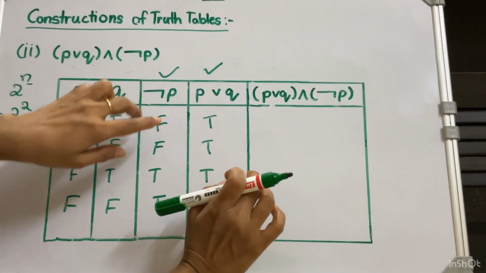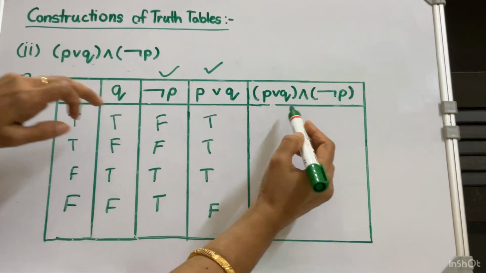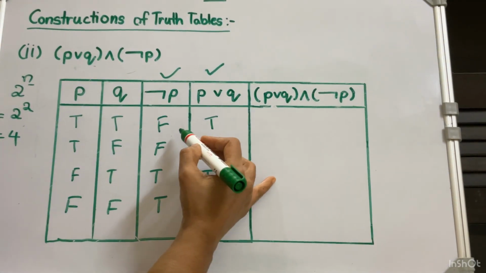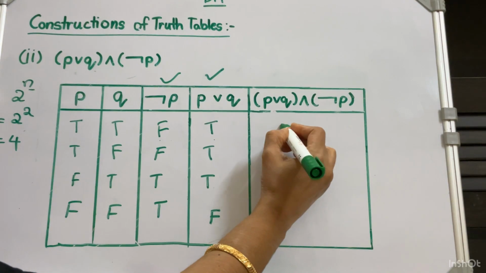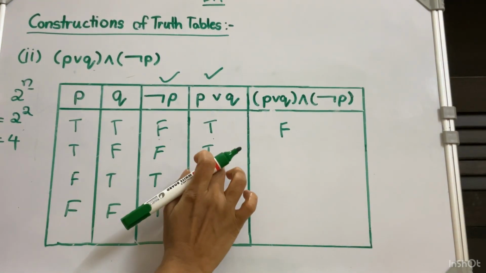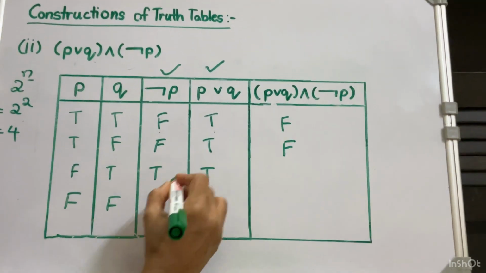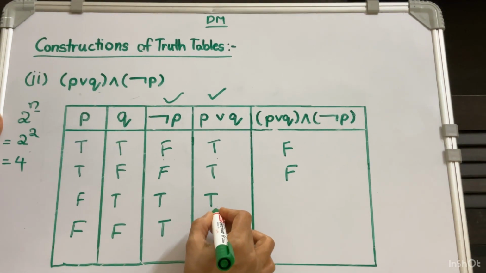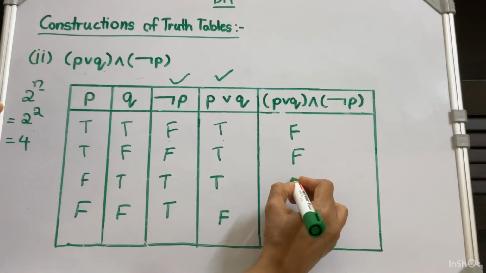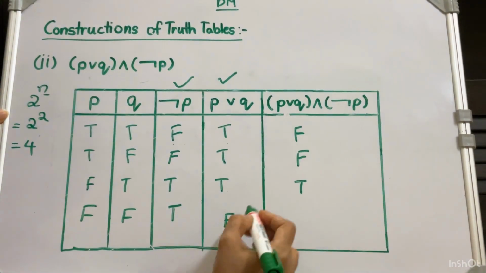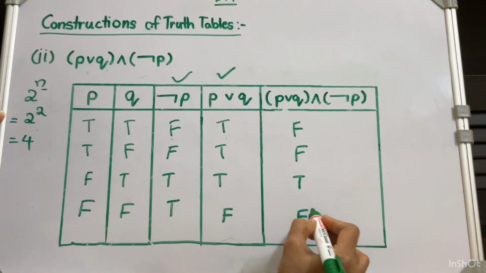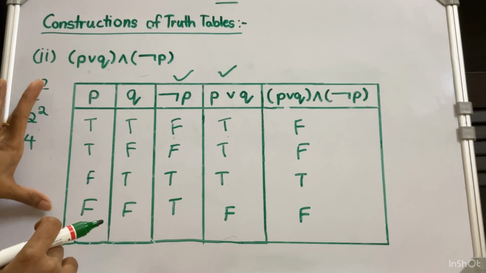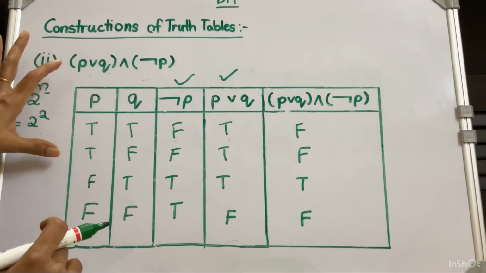Now we should construct 2 columns here. First is true, second is false, so the result is false. First is false, second is true, result is false. First statement is true, second statement also true, so the result is true by using the conjunction truth table. T, F, result is F. So in this way we should construct the truth table using the connectives.